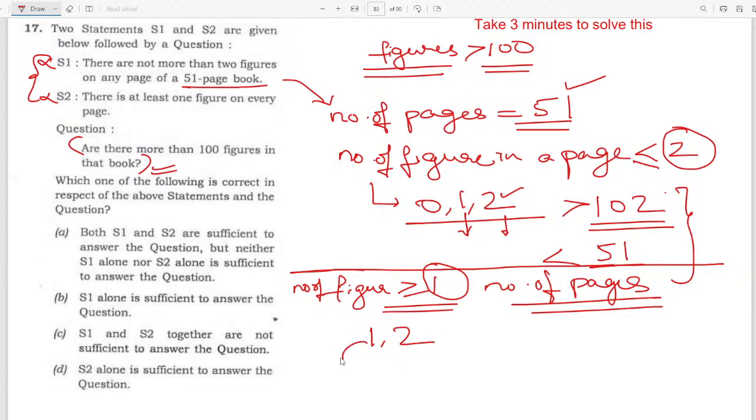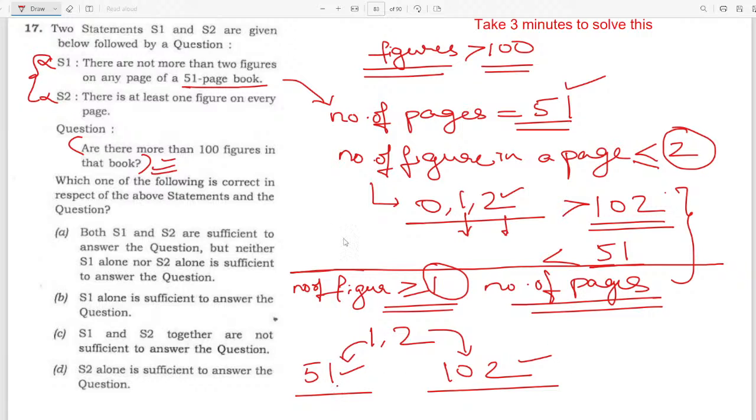If the number of figures in a page is 1, then the total figures in the book is 51. If it is 2, the total figures in the book is 51 into 2, that is 102. So even after combining the data given by statement 1 and statement 2, we are clearly not able to establish a single answer. We don't know whether this is 51 or 102.